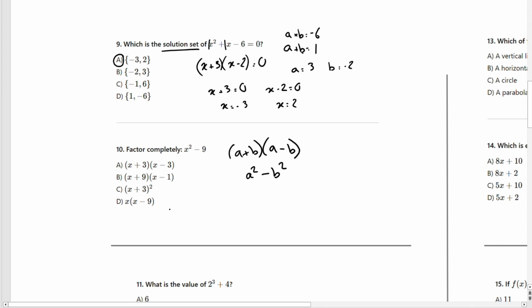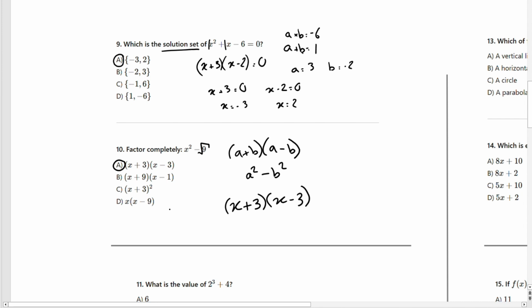So here our a would be x, and our b would be the square root of 9, which would equal 3. So substituting, it would be x plus 3 times x minus 3, which would be option A.